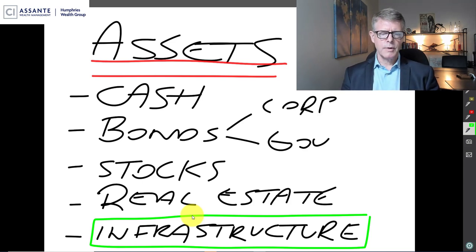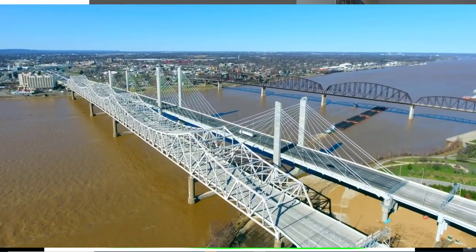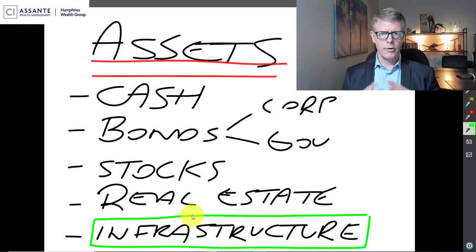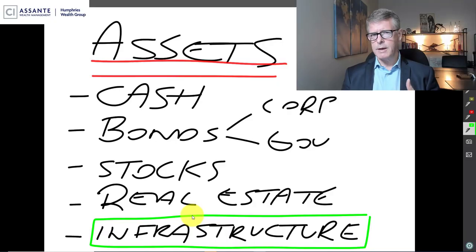Infrastructure investments are investments that tend to be non-correlated with traditional financial assets. You think about bridges and toll highways and hospitals and airports and various long-term infrastructure projects that can provide very good income, maybe the potential for price appreciation, but they're the kind of asset that would correlate differently from traditional assets.